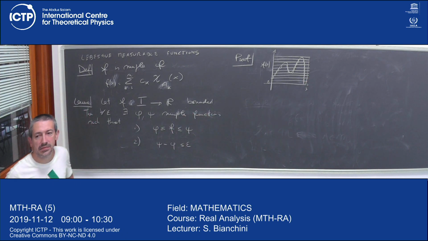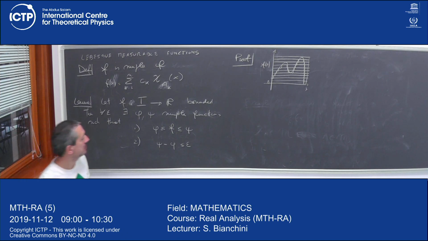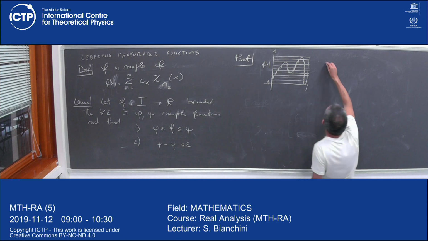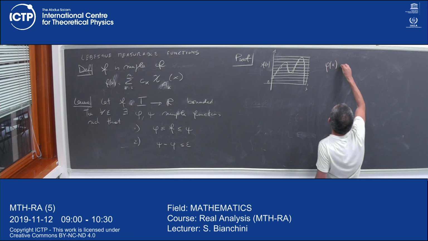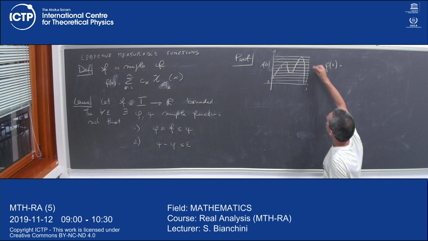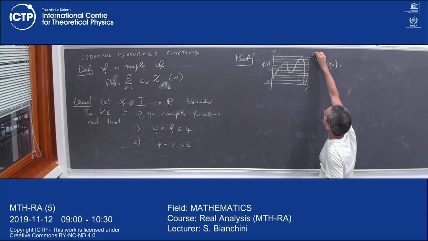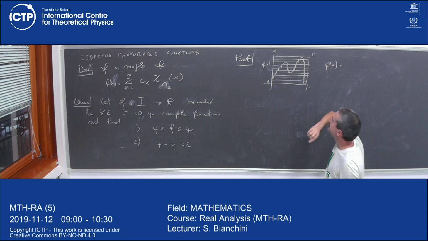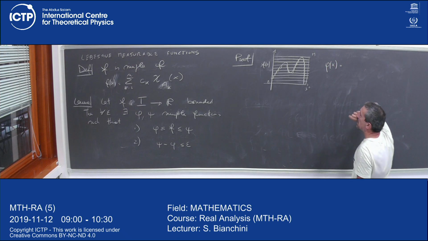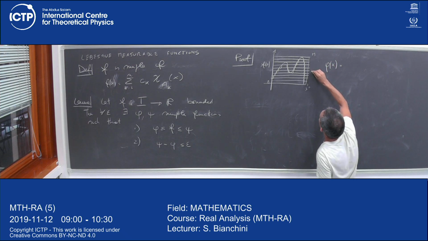Okay, so we need just to give the definition now. So phi of x is equal to, okay, this is 0 and let's say the height is m. So this point is k epsilon.